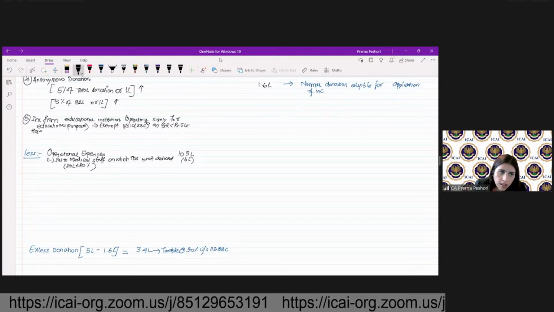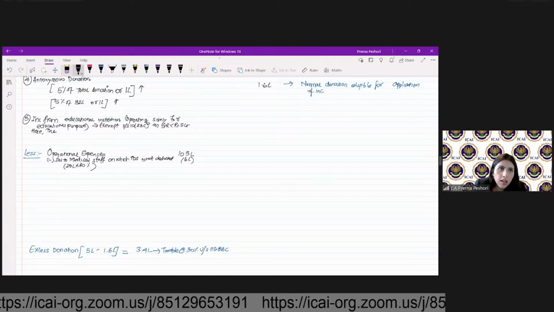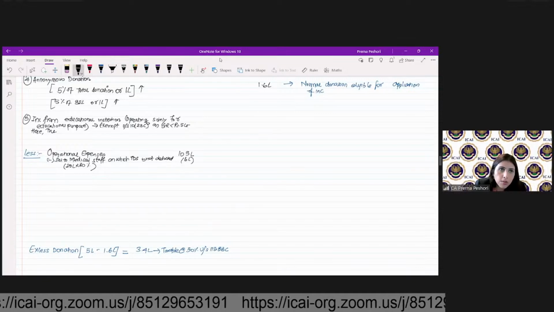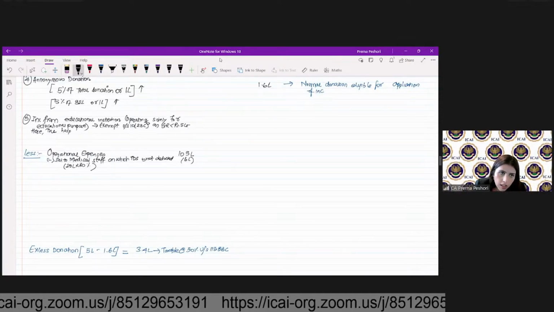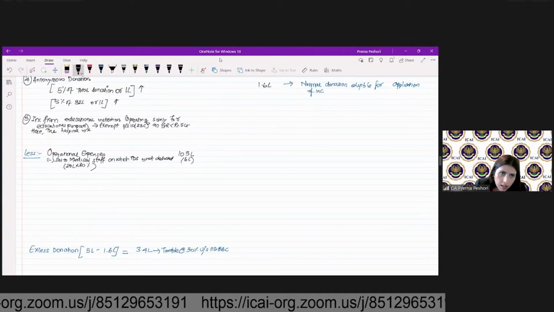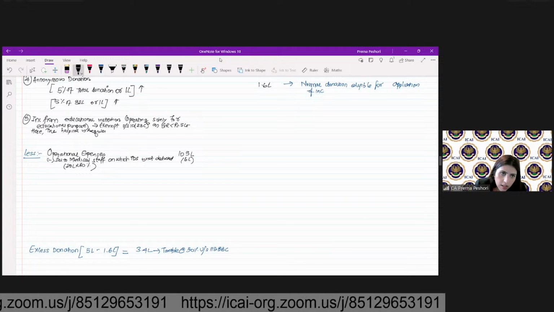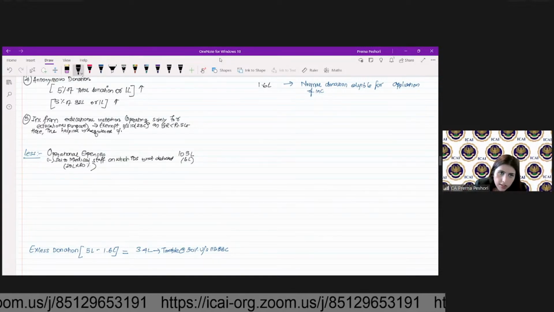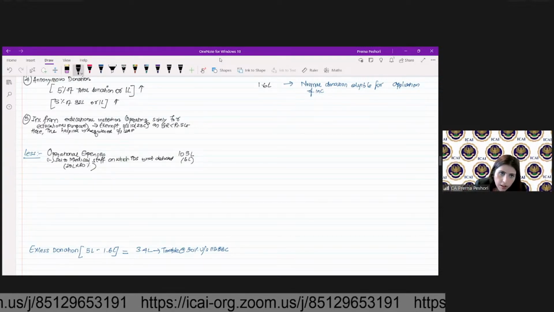Here, the hospital is registered under section 12AB.